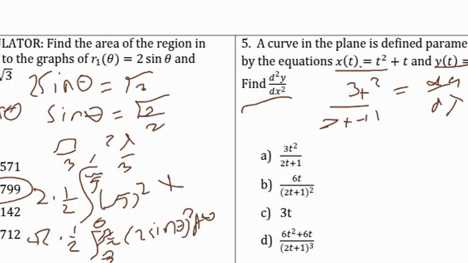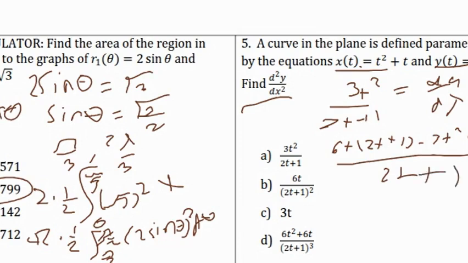So what we have to do here is the quotient rule first, obviously. So 6t times 2t minus 1 minus 3t squared times 2, over 2t minus 1 squared. Oh, minus 1, I'm sorry. Minus 1 squared. Okay.